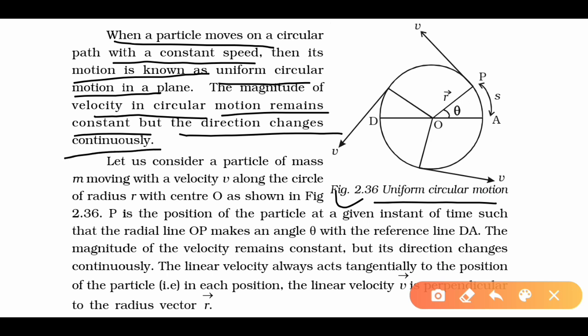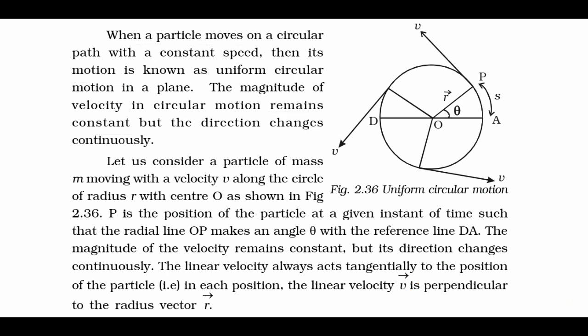So remember this point. If an object is moving in a circular path, then the velocity magnitude will always be constant, okay, but the direction of velocity will be changed.